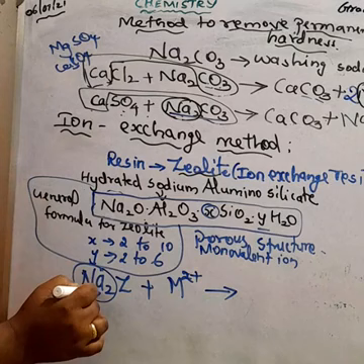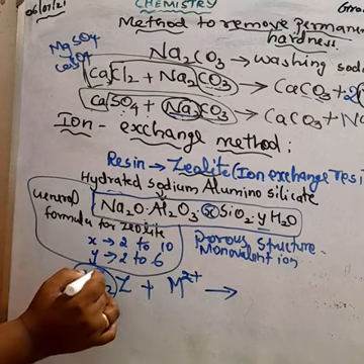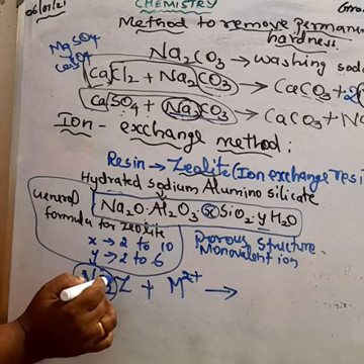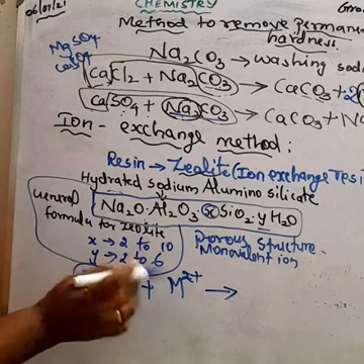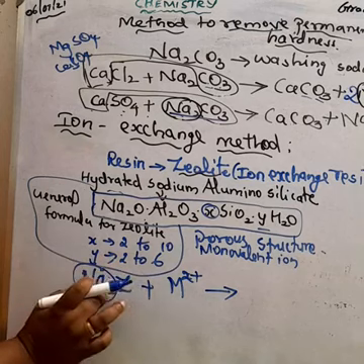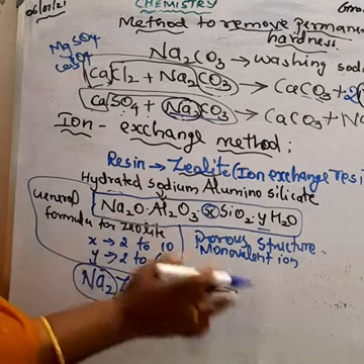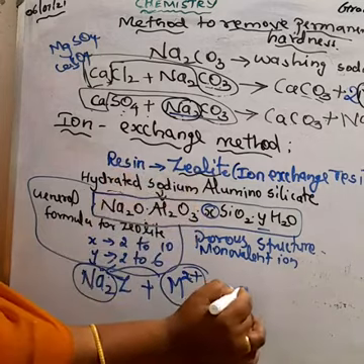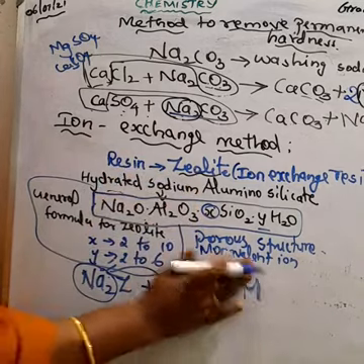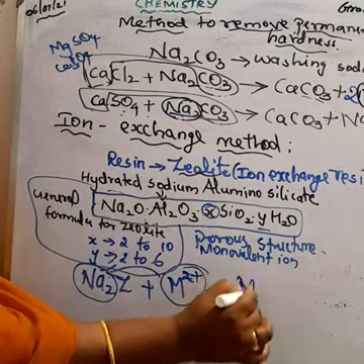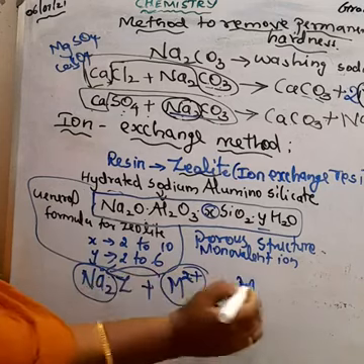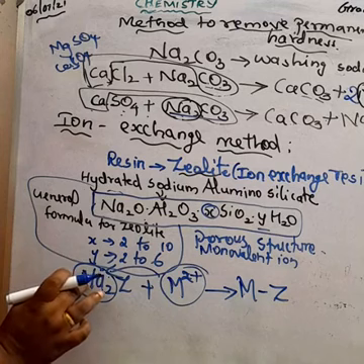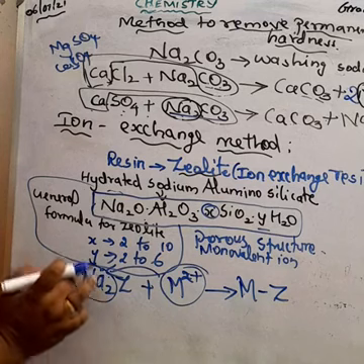It is loosely held in the zeolite complex structure, so it can be easily removed. So when we are passing the hard water through the zeolite bed, the sodium atom in the zeolite bed is replaced with the metal cation present in hard water. So we get MZ, and the sodium is released as Na plus.